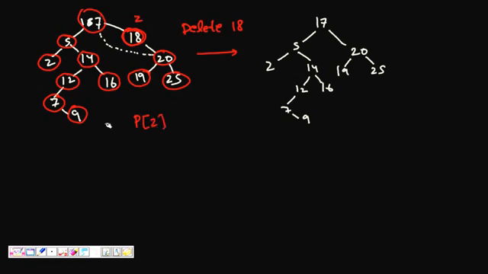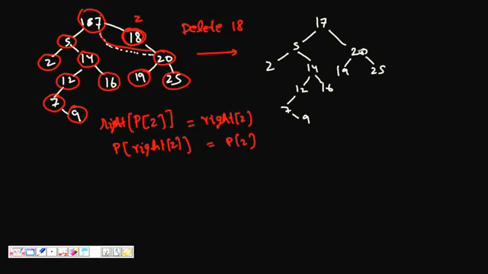The right of parent of z will now become equal to the right child of z. This way we connect here, and then parent of right of z will be equal to parent of z. So the connection is made both ways. Okay, and this is how it happens.